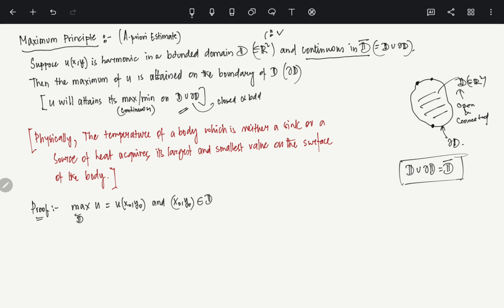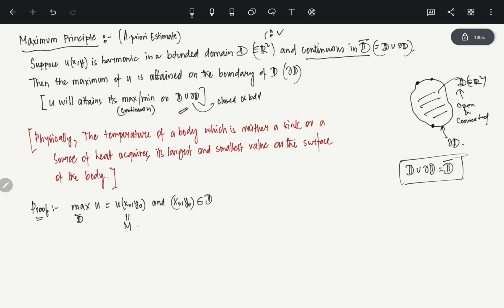What I am saying is this: the maximum will be attained on the set D union del D, right? If I start with the assumption that the maximum is attained in the open set D, and I can show a contradiction, it means the maximum has to be attained somewhere on the boundary, right? So let's start with the point where the maximum is attained. Let this be equal to the maximum, given by M. It can be positive, negative, we don't care.